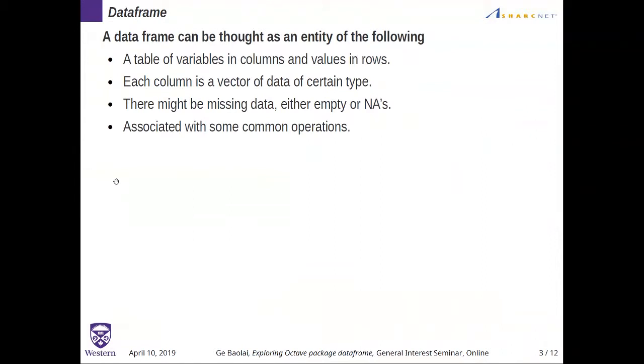There might be missing data, either empty or NAs. And the data are associated with some common operations, for example, find the mean, max, and the standard deviation, and some other more complicated, sophisticated operations on data.